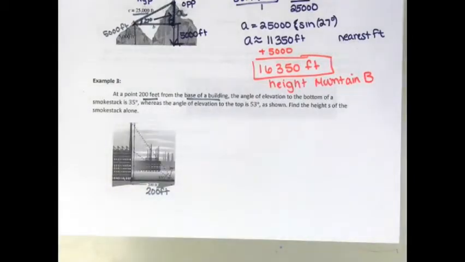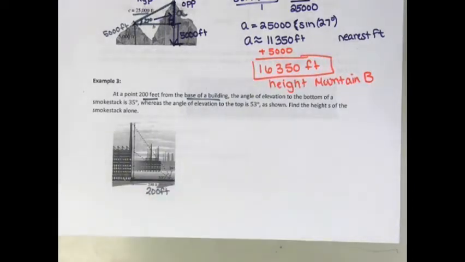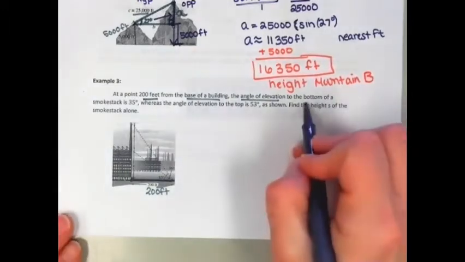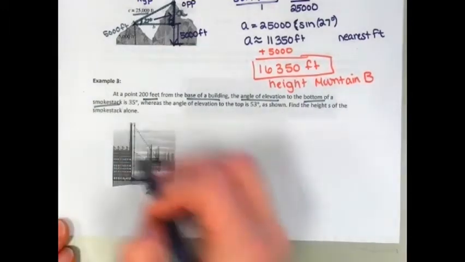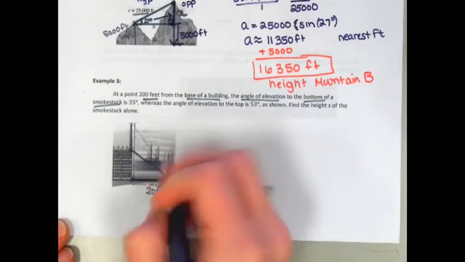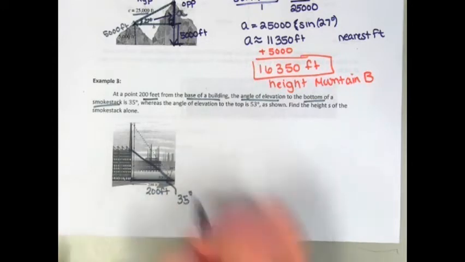Now, the angle of elevation, since that base is 200 feet, that is a horizontal line, right? If I'm looking at an angle of elevation, that means I'm looking upwards to the bottom of the smokestack. So the bottom of the smokestack would be here. So we know this angle right there is 35 degrees.